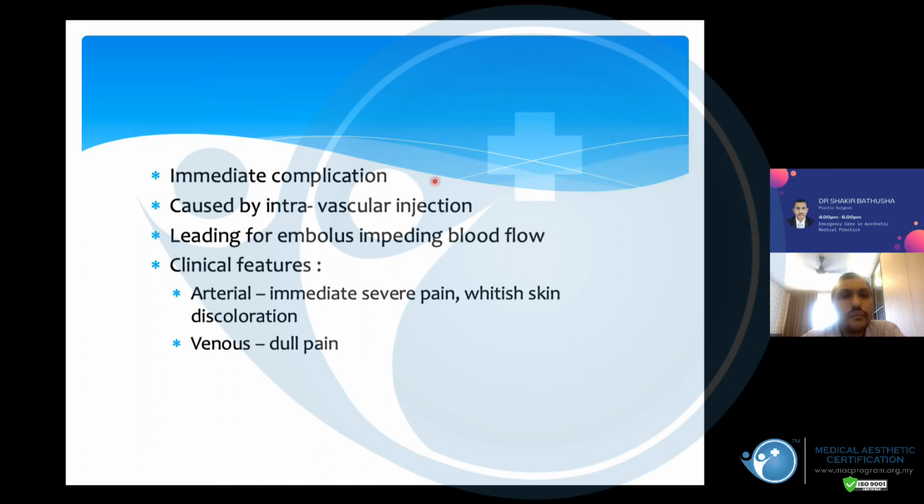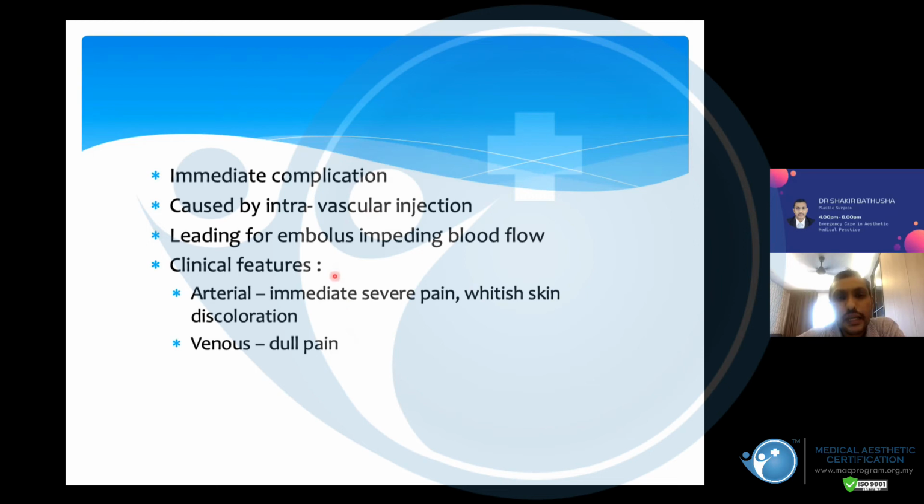The most dreaded complication is actually intravascular injection. The common area we are worried about is the periorbital area, where there could be an embolus into the ophthalmic artery, causing an arterial embolus into the retinal artery, and the patient can develop immediate blindness.